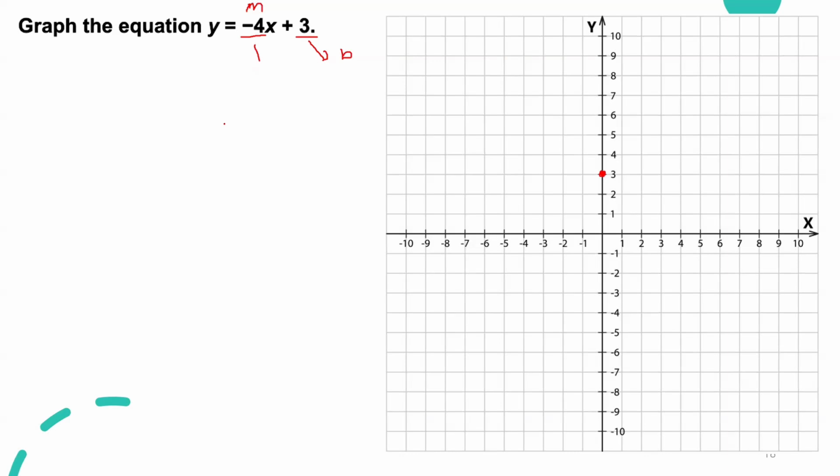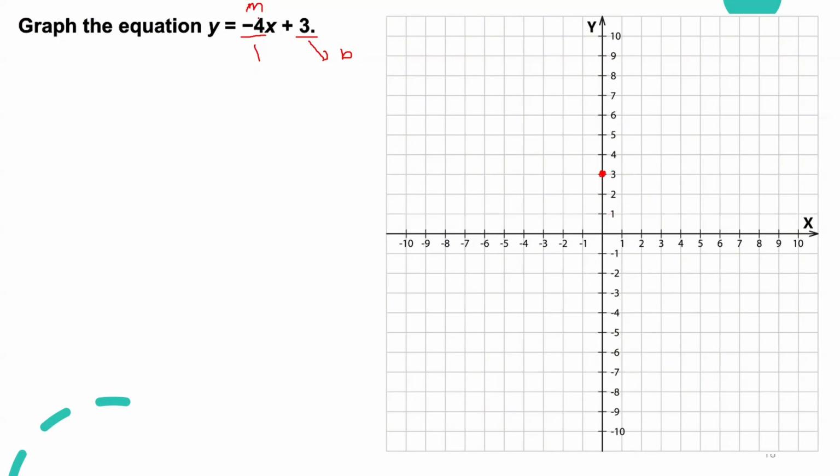If you are given an equation where the slope is already a fraction, there's nothing else you need to do because already you know your rise and you know your run. All right, so once it is not a fraction, you need to put it over 1 so you can have a denominator, a run.